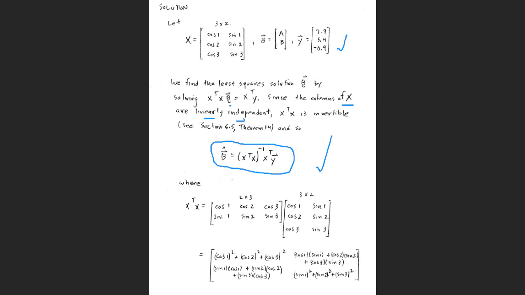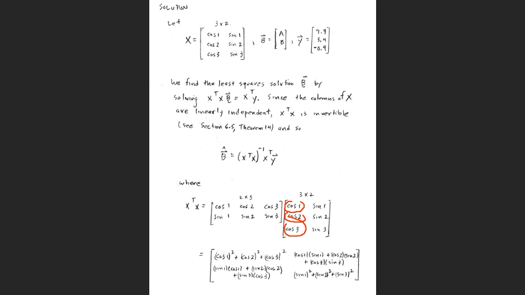Okay, so now X transpose times X. You notice that the cosine of 1, cosine of 2, cosine of 3, I'm not expressing those as decimals. And you have to be careful in MyMathLab not to do that ahead of time.